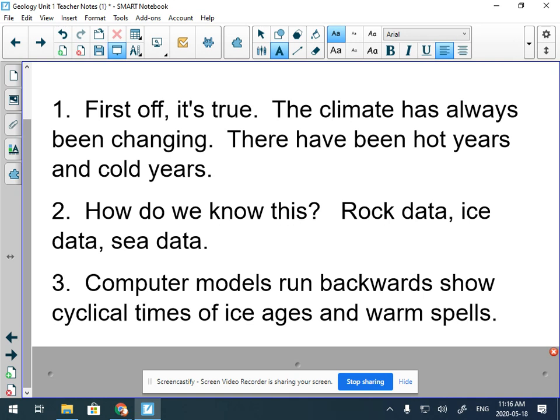The models that other scientists have used have all come together to corroborate that climate in the past has changed. So that's a fact. Now remember, that's very important. These scientists have shown and proven that the climate in the past has changed.